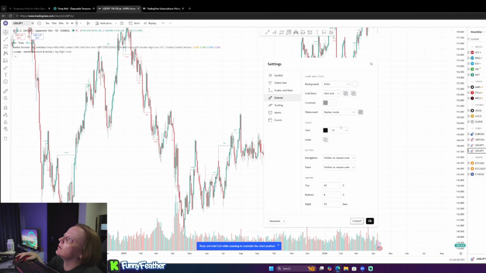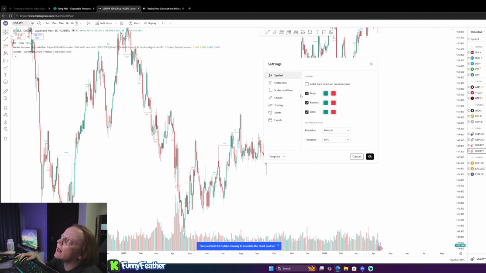Okay, then canvas, you go to canvas, then background solid, grid lines none, take these away. I don't like seeing grid lines. Then symbol, you can also change the color of your candlesticks. I like it purple for the body, purple for example, then blue.